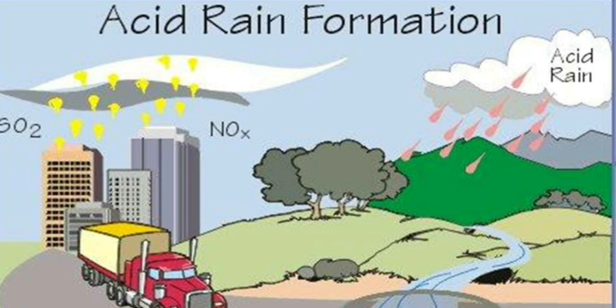Though it is dilute in nature, yet when it comes down, it destroys vegetation. And it also has adverse effects on monuments. And the changes in the environment also cause melting of polar ice and rising sea levels.